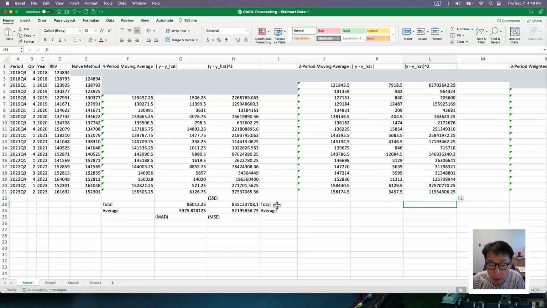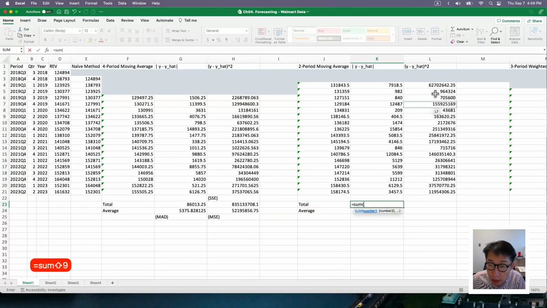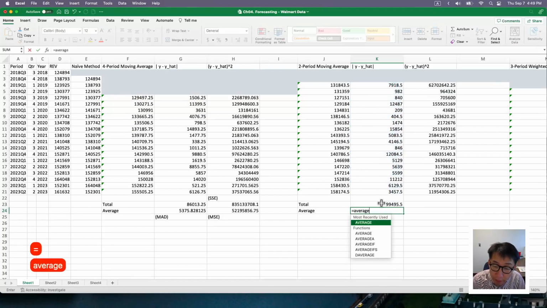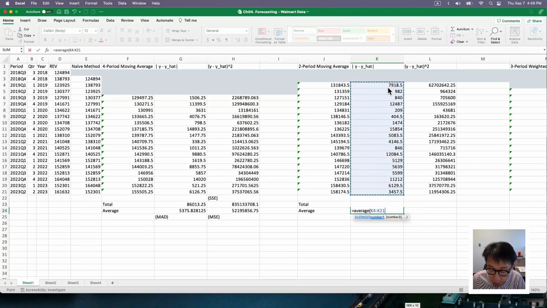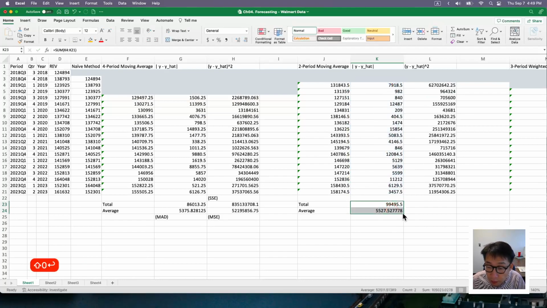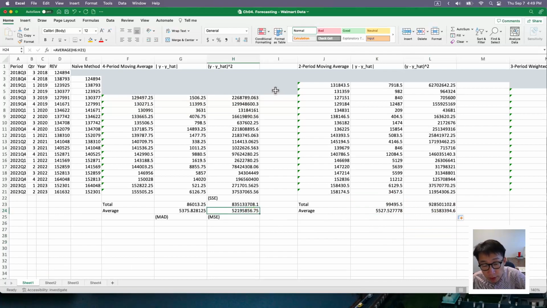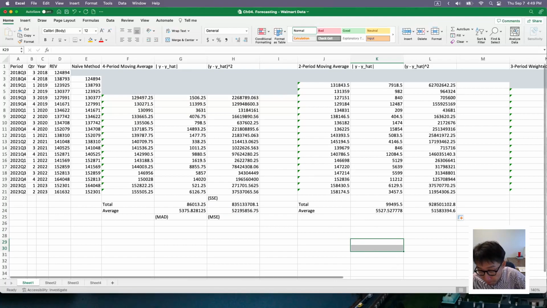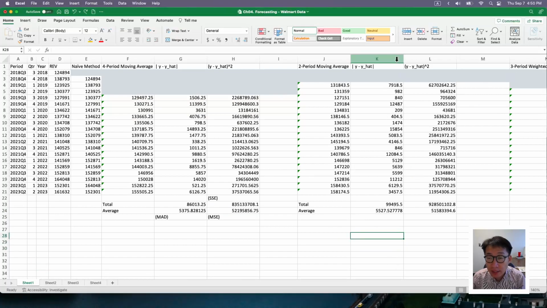Again, we're doing this one more time: sum of everything here, average here. Now you can compare which result is actually producing better predictions. This is an interesting result.